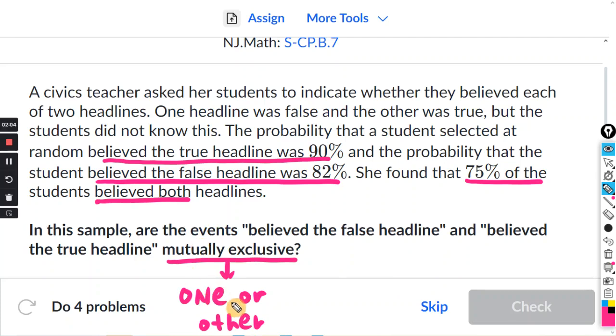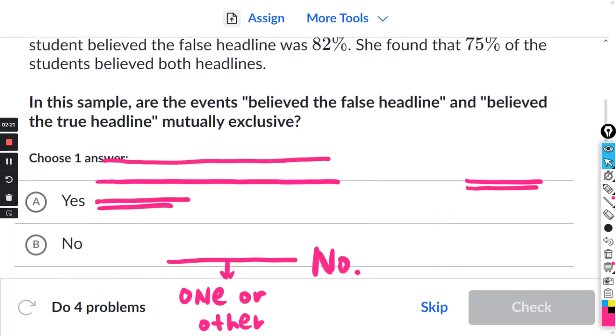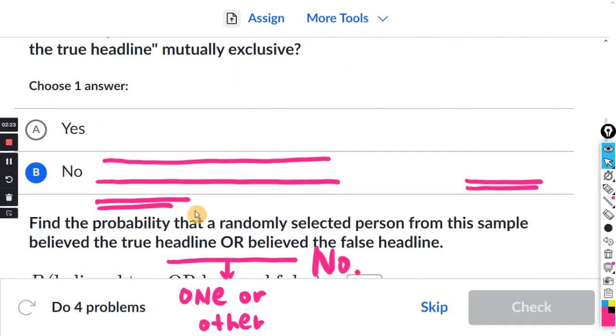Is it one or the other? Well, that's definitely no. And why is that? Because it says right here, 75% believed both. So as far as mutually exclusive, the answer is no. So for the first one, we'll choose no.